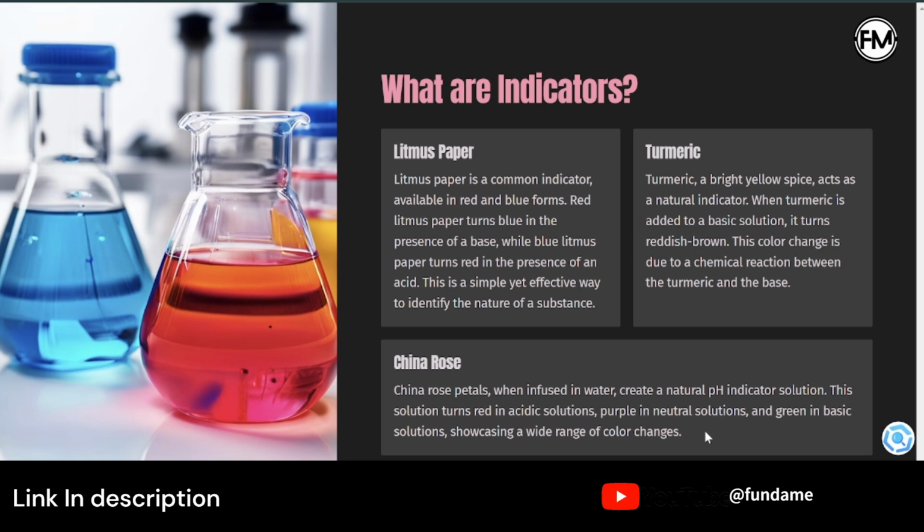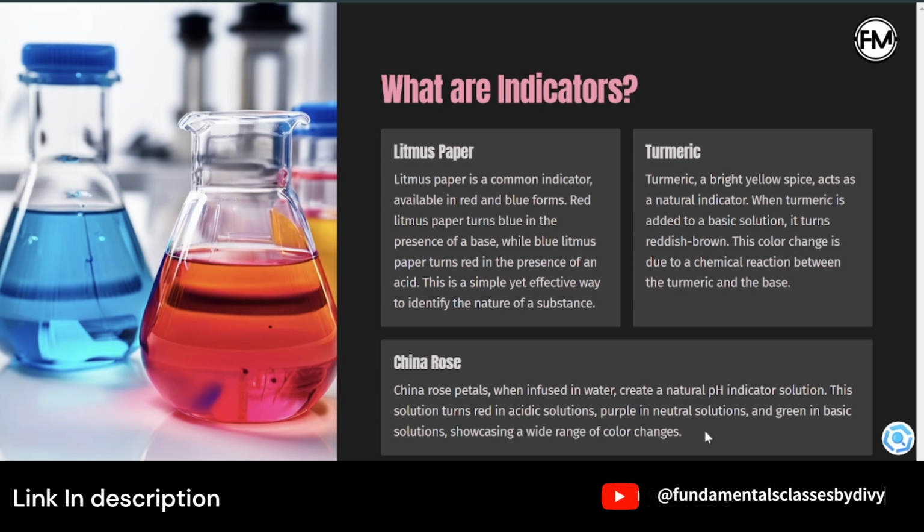In your exam this question may come, like: acid changes dash litmus paper to dash. You can write blue into red, and vice versa, the bases can change red litmus paper into blue, right? So this is a simple yet effective way to identify the nature of the substance, whether it is acid or base.